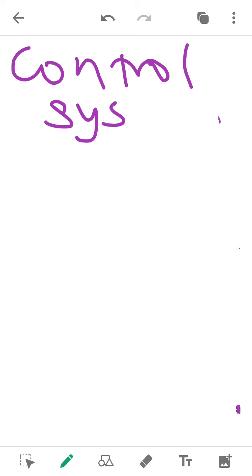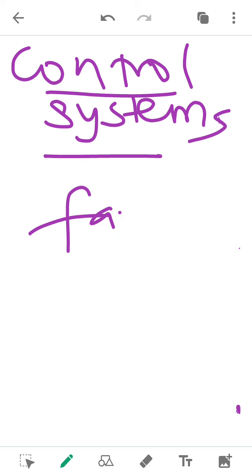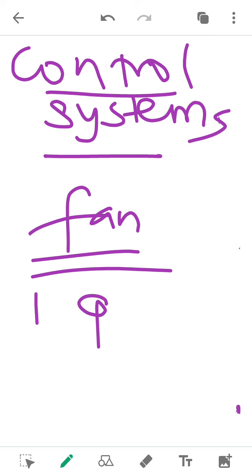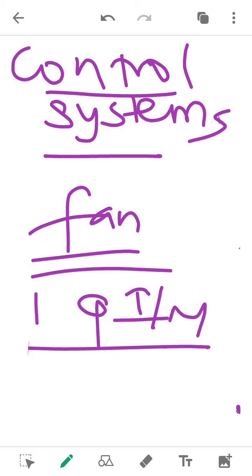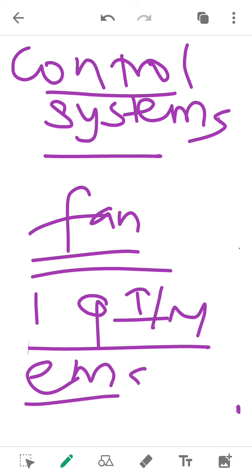Now let us define what you mean by control system. Suppose you take the case of a fan as an example. A fan will usually have a single phase induction motor in it, that is an electromechanical system, as I already indicated.